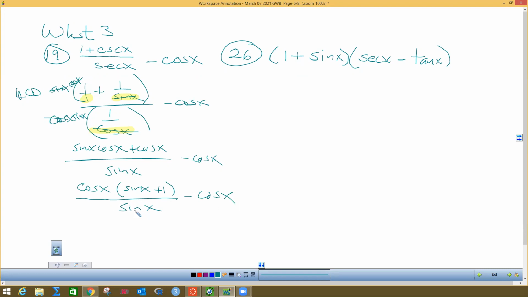So I think the fastest way to do this... Okay, I can get to where I'm going, but it's going to take several more steps this way.